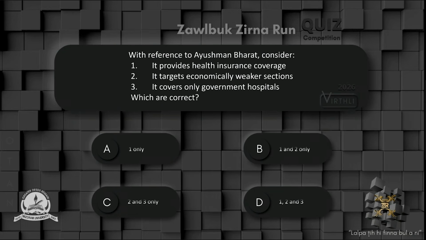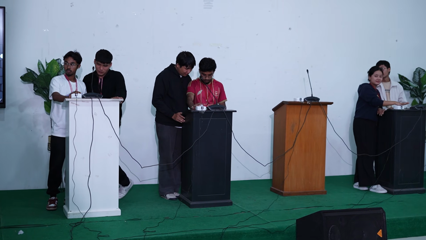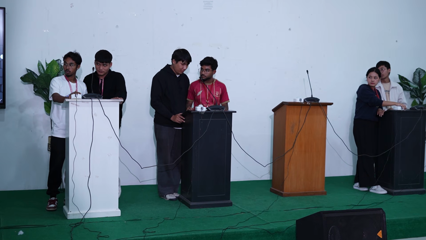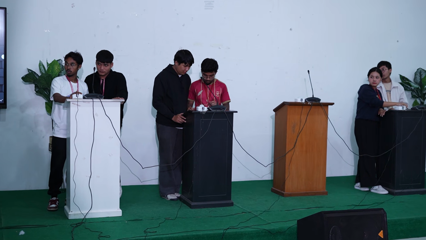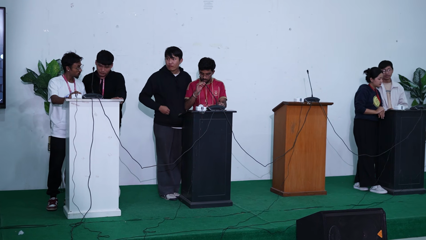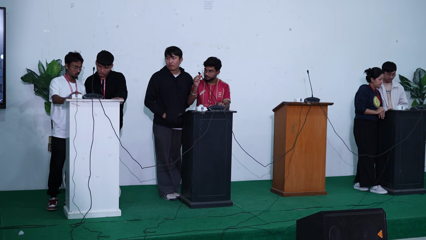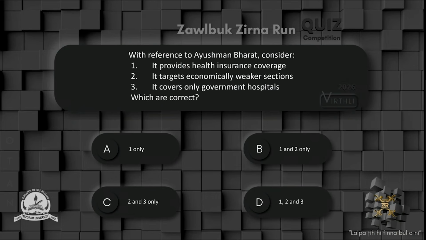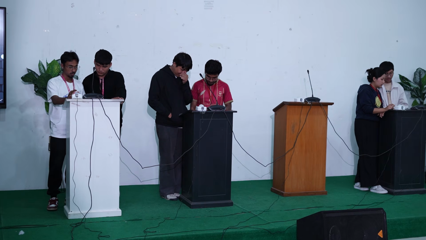Options are A. 1 only, B. 1 and 2 only, C. 2 and 3 only, and D. 1, 2 and 3. Team 8. Alright, Team 8. D, 1, 2, and 3. Their answer is option D, 1, 2, and 3. Sorry, that is not the correct answer.